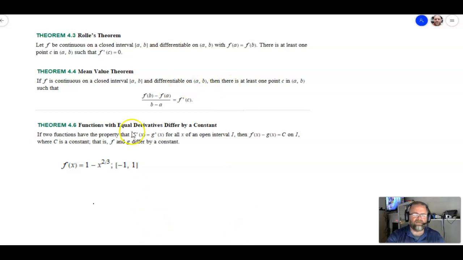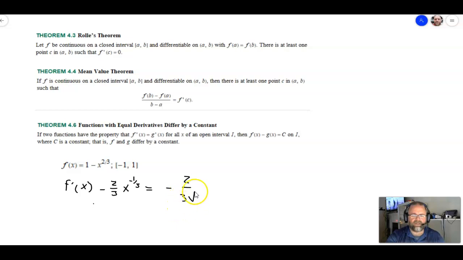Well, let's go ahead and see why it's not differentiable at 0. So if I were to actually find the derivative of this, we're going to get negative, bring the 2/3 out front, 2/3 x raised to the -1/3. And cleaning this up a little bit, that would be -2 over x to the 1/3.